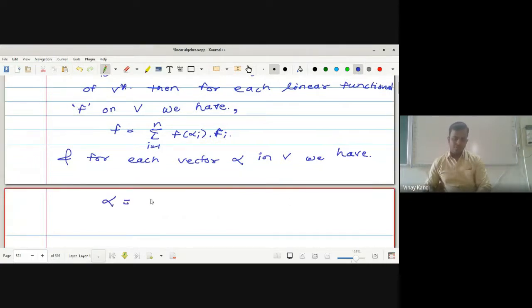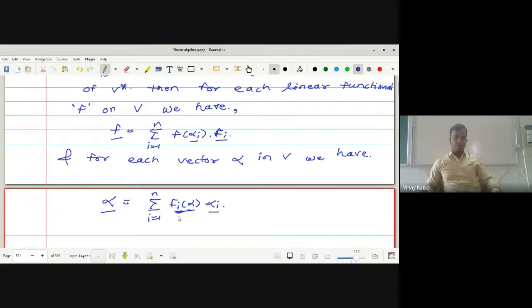Alpha is equal to summation i running from 1 to n fi of alpha into, wait a minute, alpha i. Okay, रिवर्स आहे बघा, इथे जेव्हा f असेल तर alpha i into fi, alpha असेल तर fi of alpha into alpha i. इथे i येतोय.